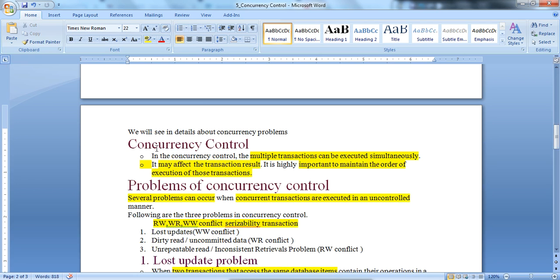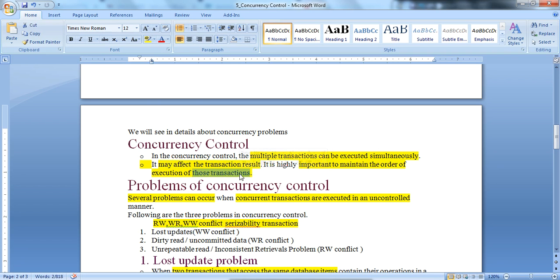it. Right, concurrency control. When multiple transactions are executed simultaneously, the transaction result may be affected because of the concurrent schedule. We need to control it with concurrency control. It is important to maintain the order of execution of those transactions.